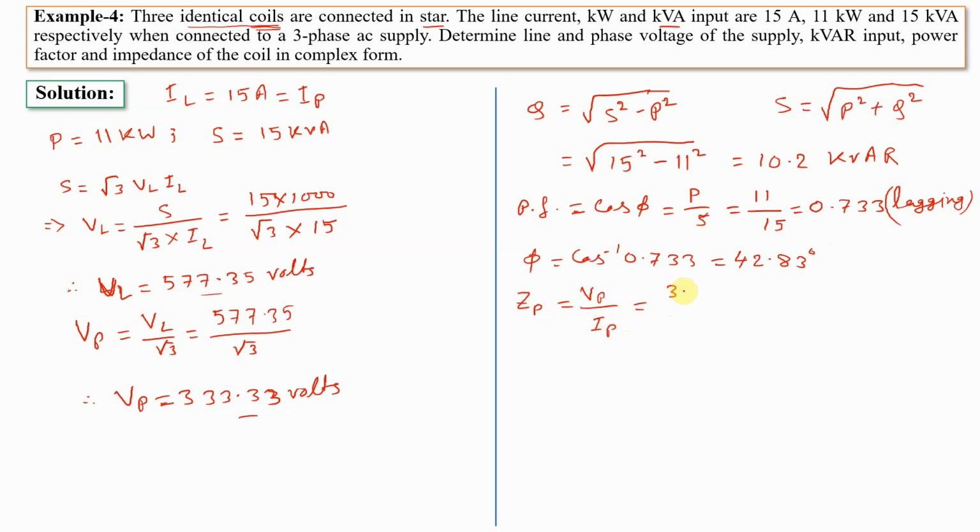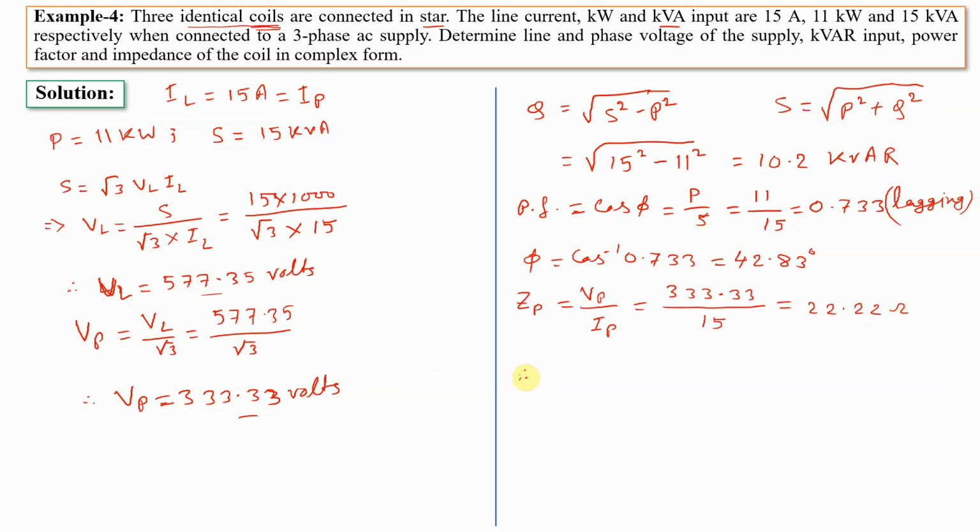The voltage per phase we have calculated 333.33, and the phase current is given in the question, that is 15. So here it will be 22.22 ohms. This is the phase impedance.